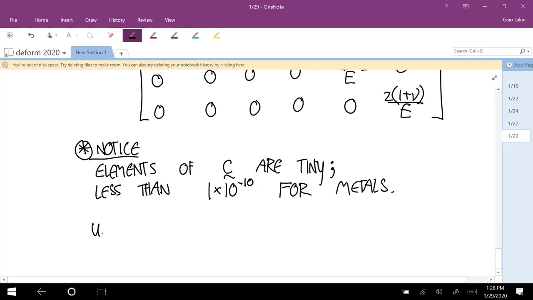And the units are 1 over units of pressure, which would be like meters squared over newtons, or 1 over pascals. Yep. So before you're saying like stiffness matrix is big and compliance matrix is small, that 1 times 10 to the negative 10 is what you're seeing.